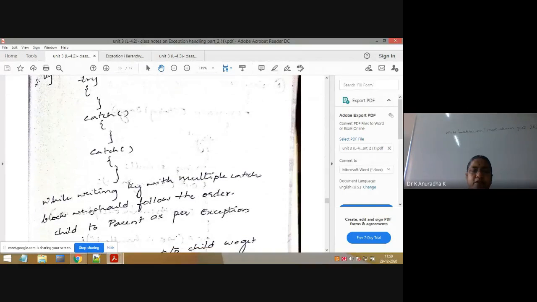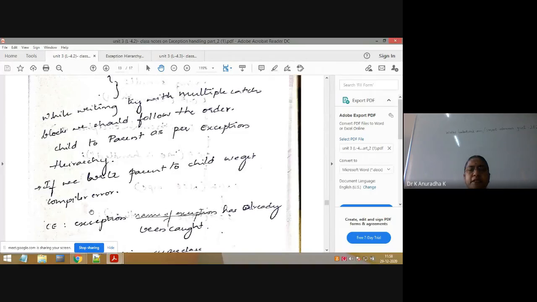Now here is one rule we have to remember while writing programs on try with multiple catches. What is that rule? Always, inside the catch blocks, we have to write the exceptions in the order of child to parent using the exception hierarchy. If you understand the exception hierarchy, then only you can understand this rule. What is child to parent and what is parent to child?